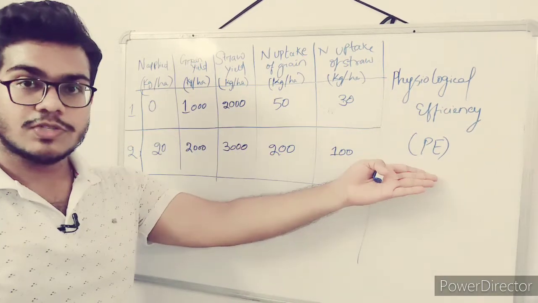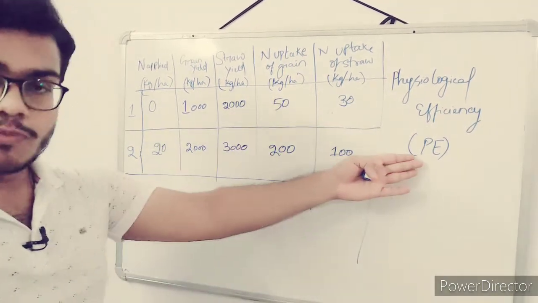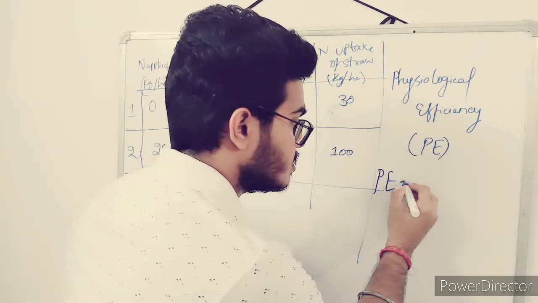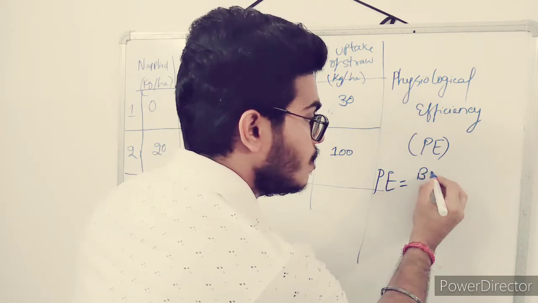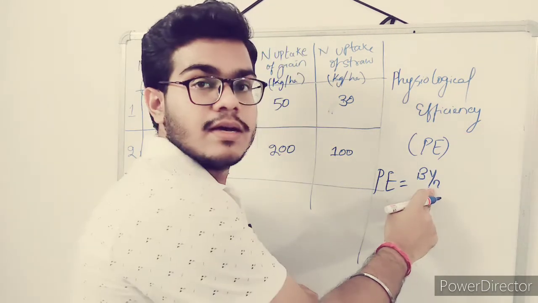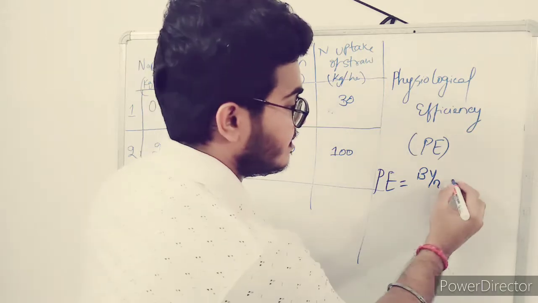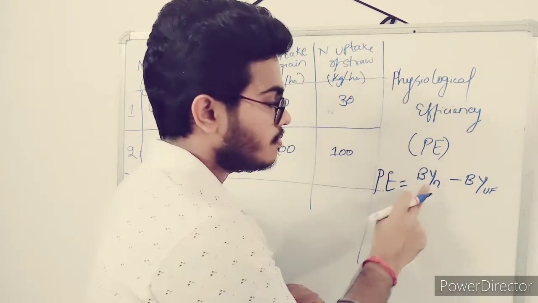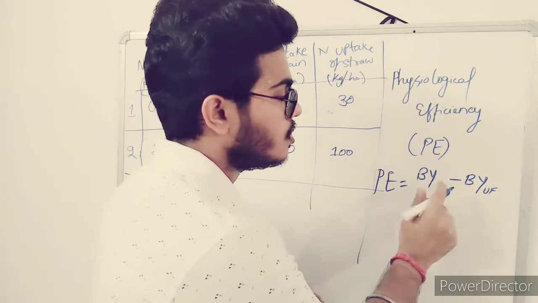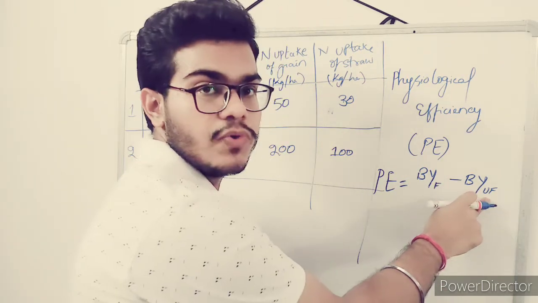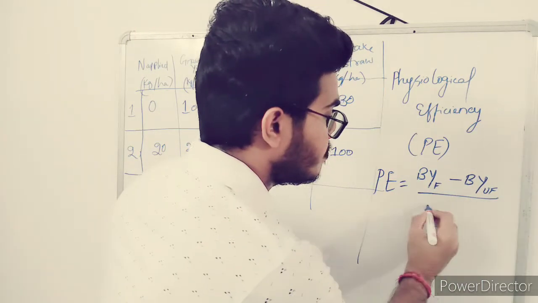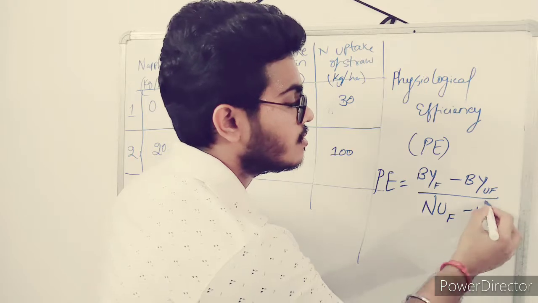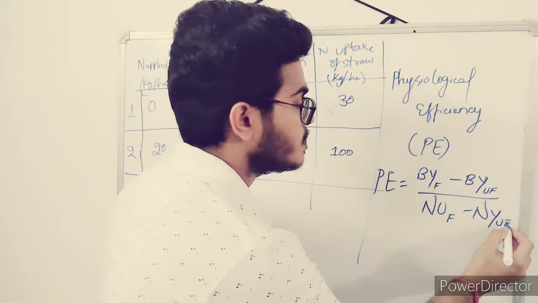Before calculating it, we have a formula which says that physiological efficiency is equal to the biological yield in the nutrient applied plot minus the biological yield in the unfertilized plot, divided by the nitrogen uptake in the fertilized plot minus the nitrogen uptake in the unfertilized plot.